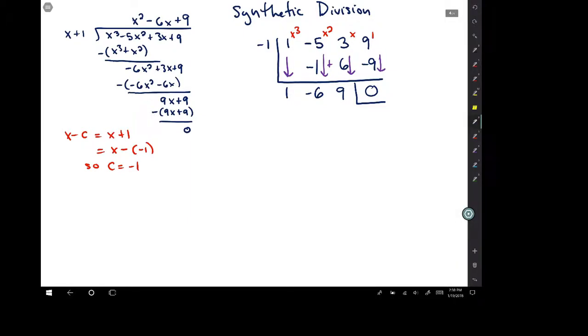Now, when I turn this back into my answer, this is my constant term. This is linear, and this is going to be x squared.